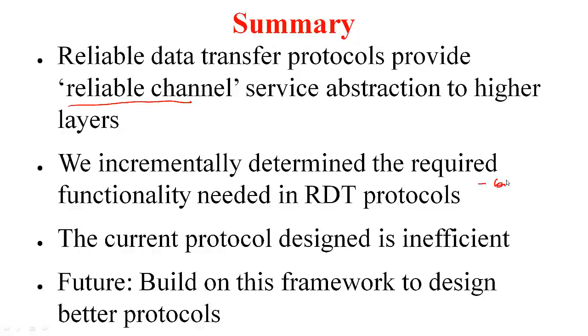We first considered only bit errors and then we added losses on top of it, and we saw that we need many functionalities: error detection, receiver feedback, sequence numbers, and so on. The current protocol, while it works correctly, is still inefficient. So in the future, we are going to build on this framework. In other words, we will use all these functionalities that we developed, but we are going to make the protocol more efficient. So that's in the next video.